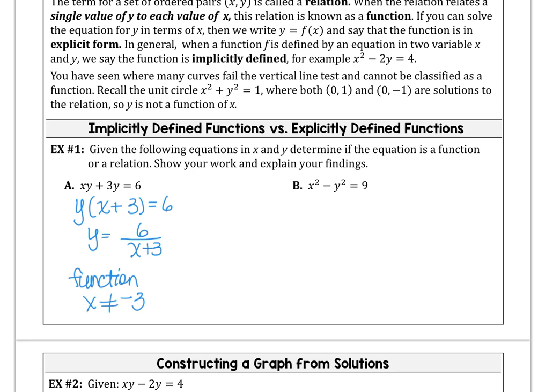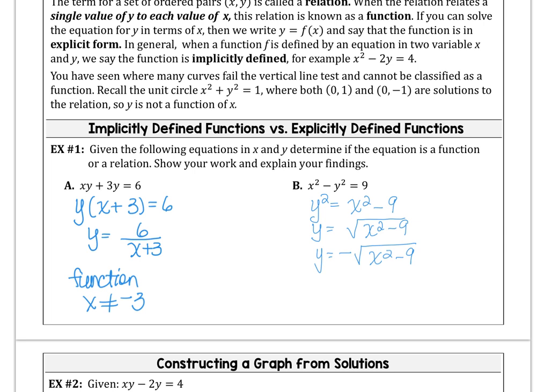In this case, x squared minus y squared equals 9. If we isolate the y squared to one side, we have x squared minus 9. And then taking the square root of both sides, we have two different equations: either the square root of x squared minus 9, or the opposite of the square root of x squared minus 9.